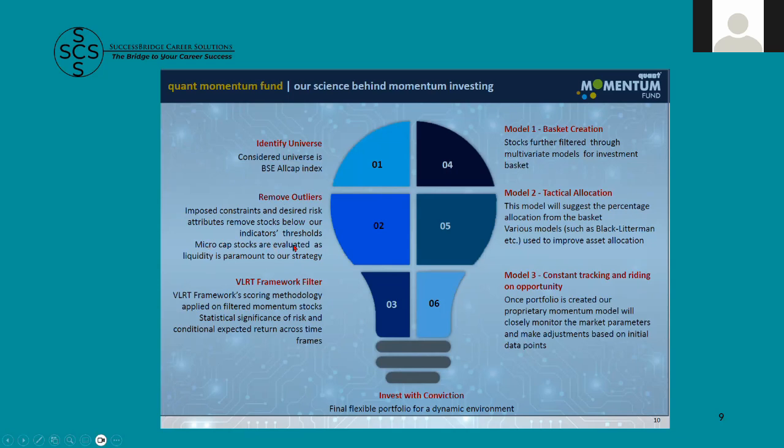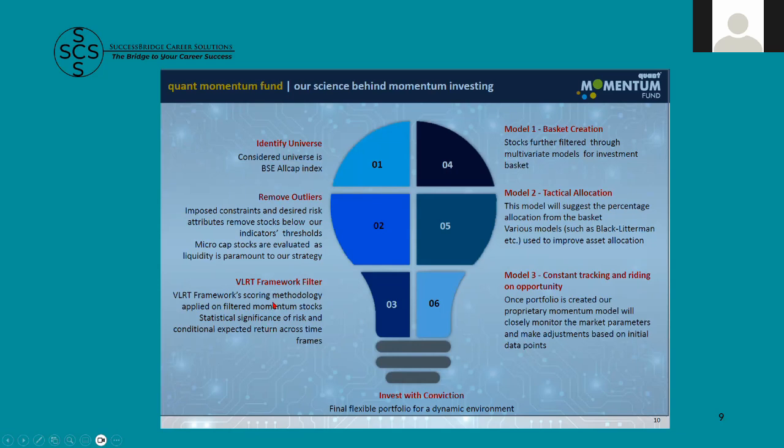If they want to have a micro cap stock, they apply an extra level of security analysis so that it passes their liquidity constraint. After applying these thresholds and filters, you get the investable universe.